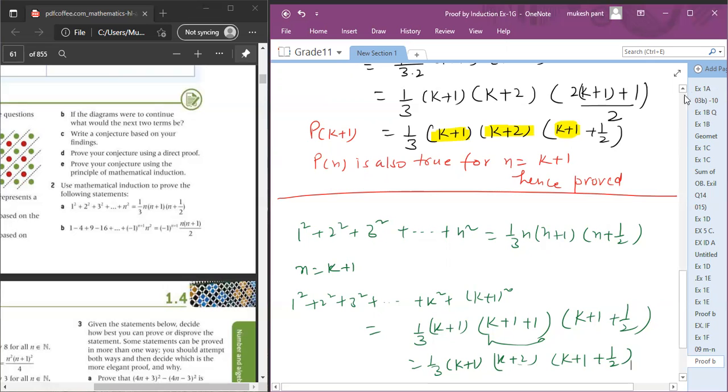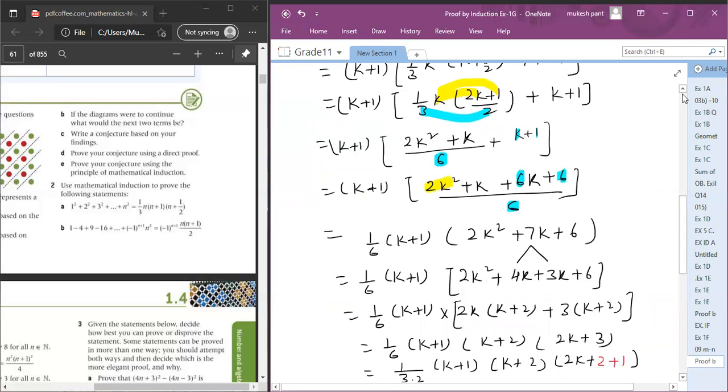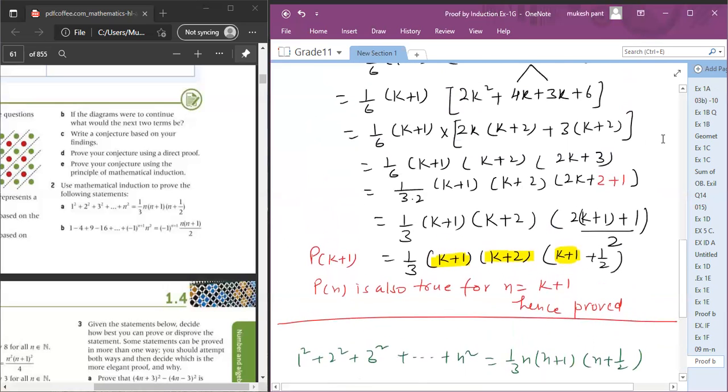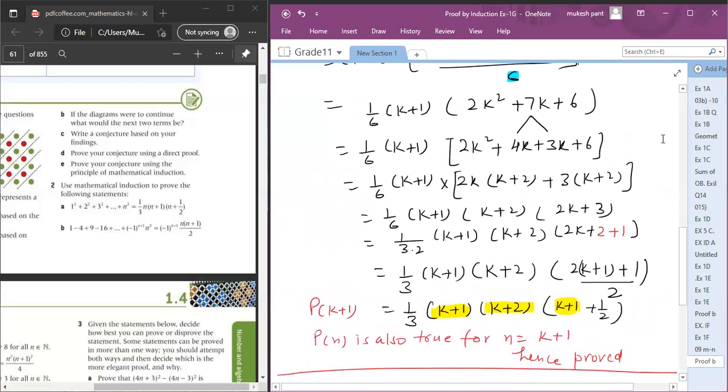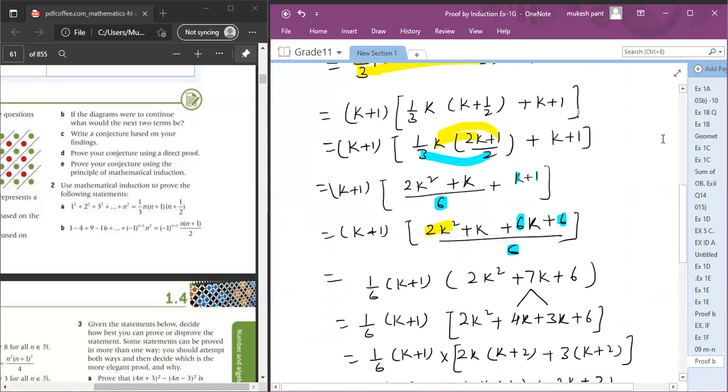Okay, sir, can you scroll up to the simplifying part? I'm kind of confused in one of them. Go up, down, sir. No, in the simplifying part, sir, after the factorization.